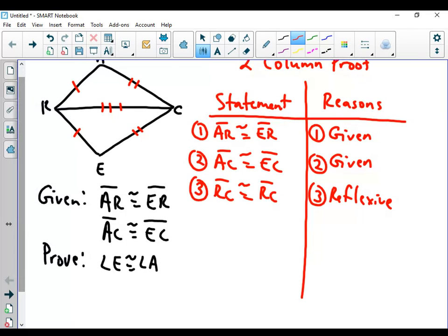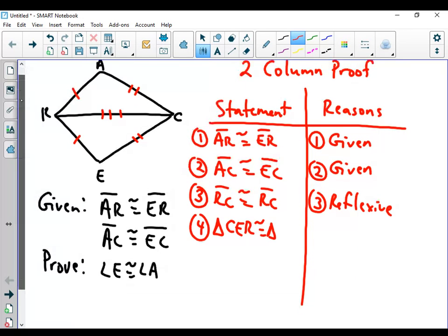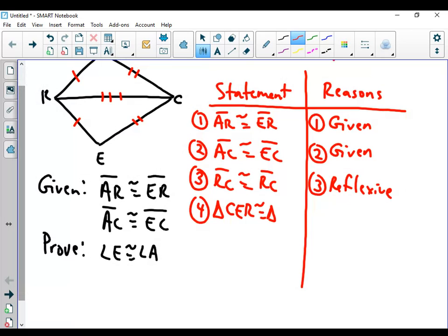And in this case, maybe you'd say triangle, maybe I go CER. And if I went CER, that's going to correspond with CAR. What's our reason? Side, side, side.